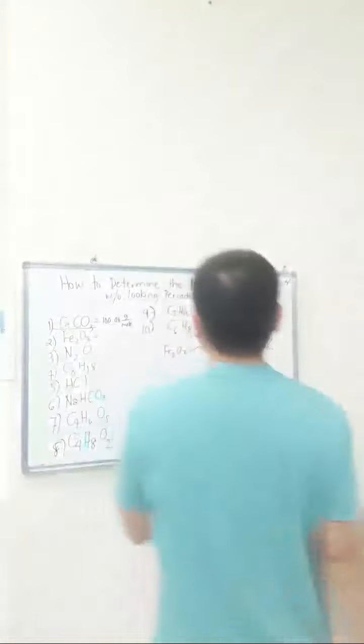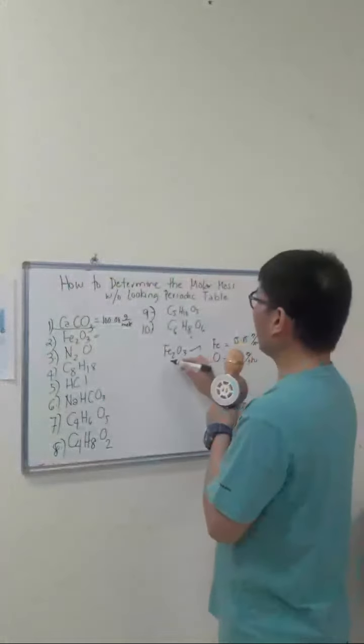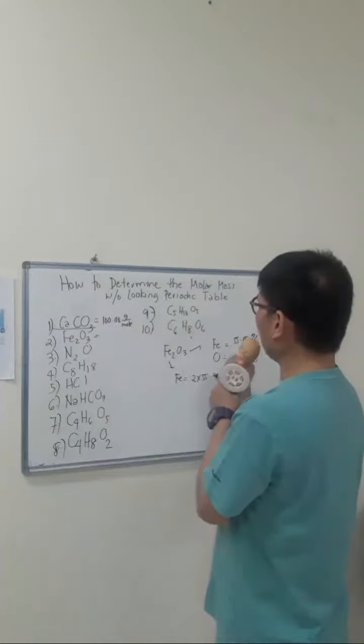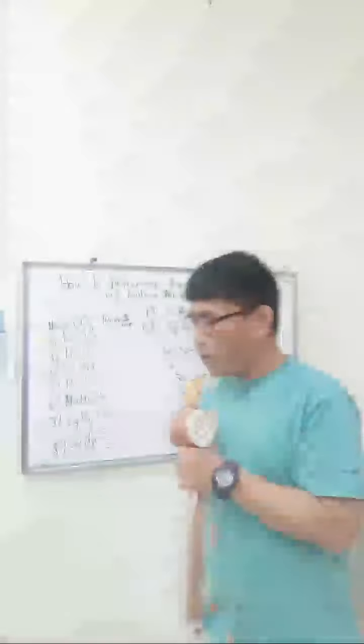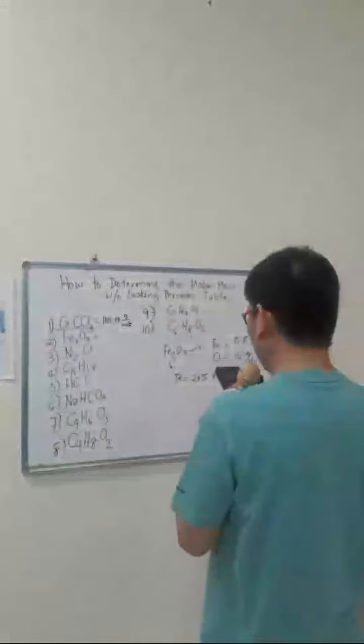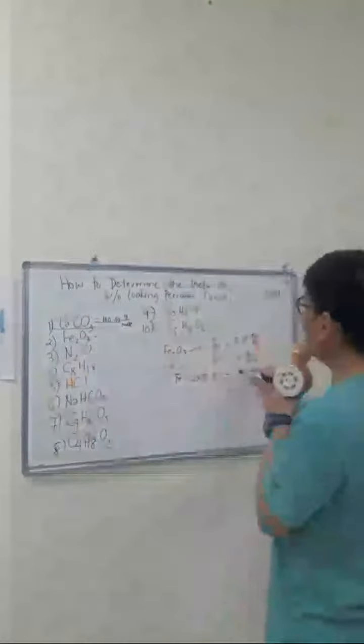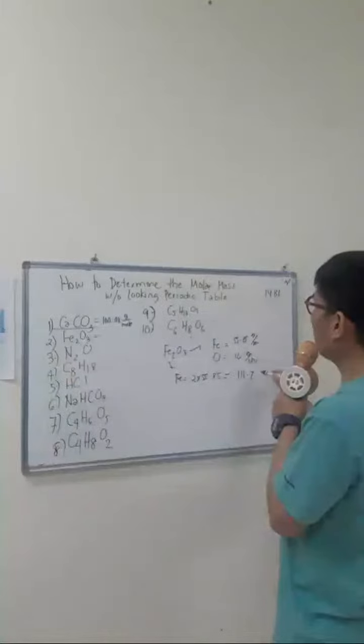So iron has a subscript of 2, so it's 2 times 55.85, which equals 111.7.